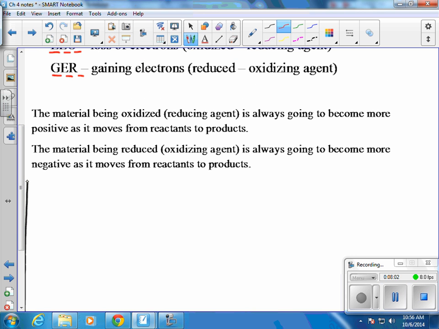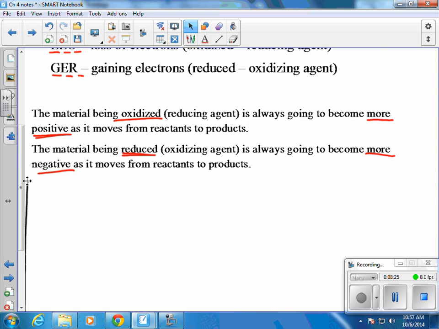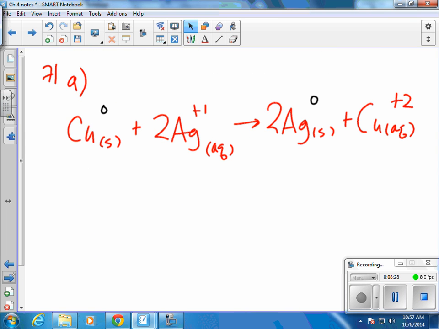The material being oxidized is always going to become more positive as it moves from reactants to products. The material being reduced is going to become more negative. So keep that out and look at it while we analyze the questions that I assigned to you for today.